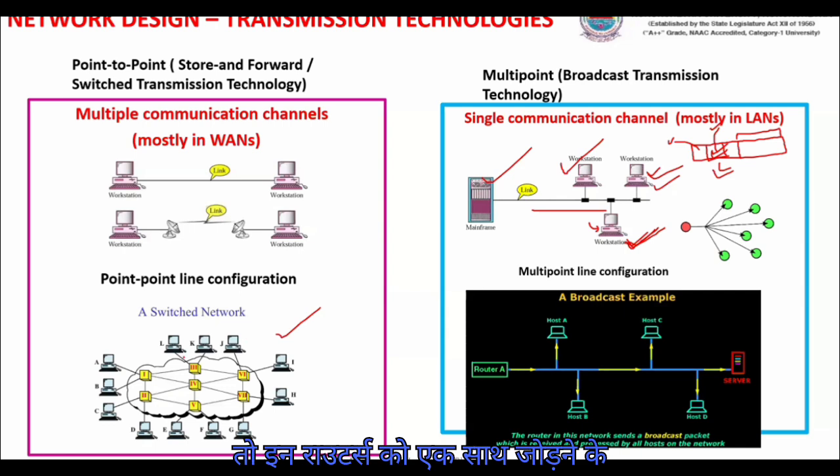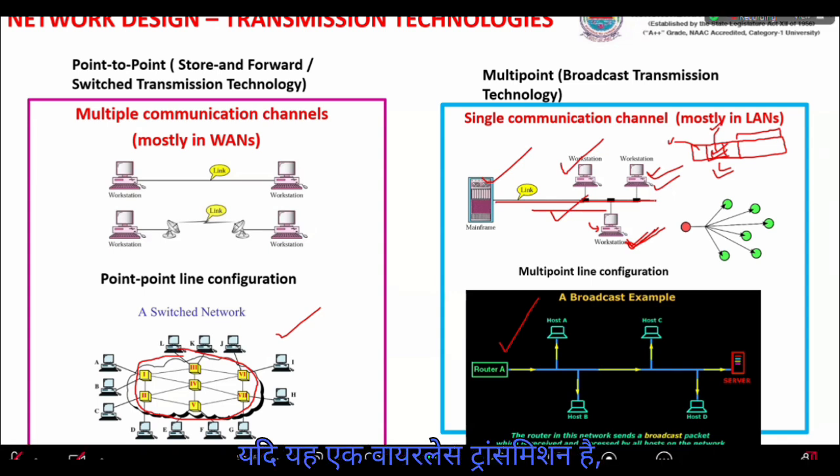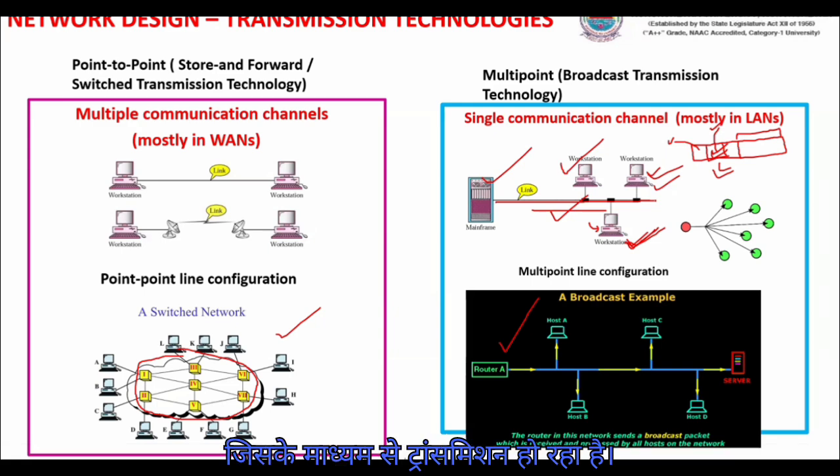For example, here it is a switched network. So there can be various possibilities of connecting these routers together. Here we have a broadcast network. Here I have shown a single cable to which the computers are connected. If it is a wireless transmission, then also it is broadcast. The single transmission medium is the air through which transmission is taking place.